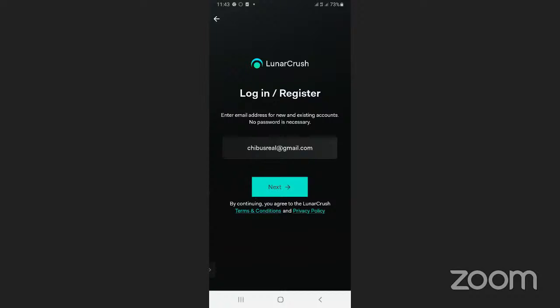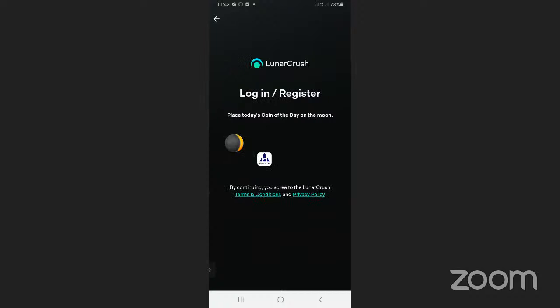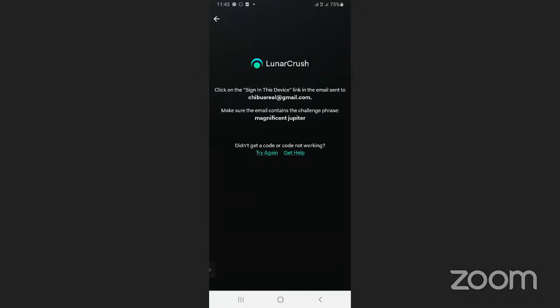Click next. Now when you click next, you drag that and enter that moon. Now go to your email. There is a link they have sent you there. You need to verify the email, so minimize this page and go to your email.